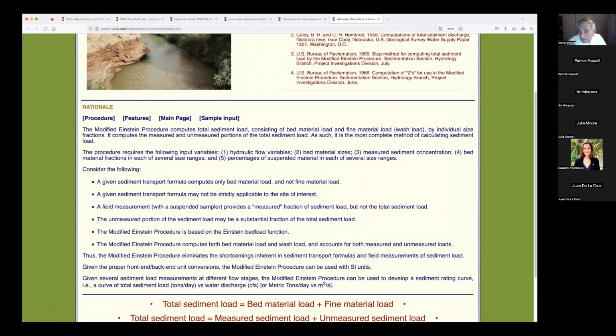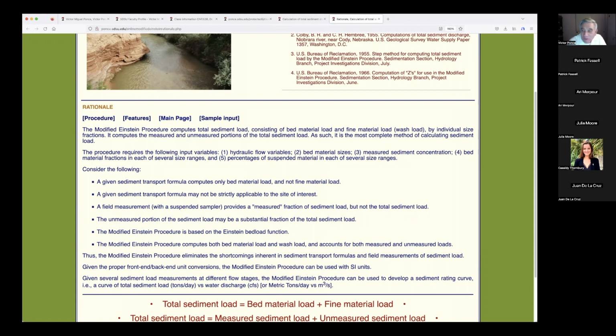It's been said quite correctly that every measurement has its limitations. And this is one of the limitations of this particular type of measurement, that you cannot reach the bottom because you'll mess up the measurement. As such, it is the most complete method of calculating sediment load.